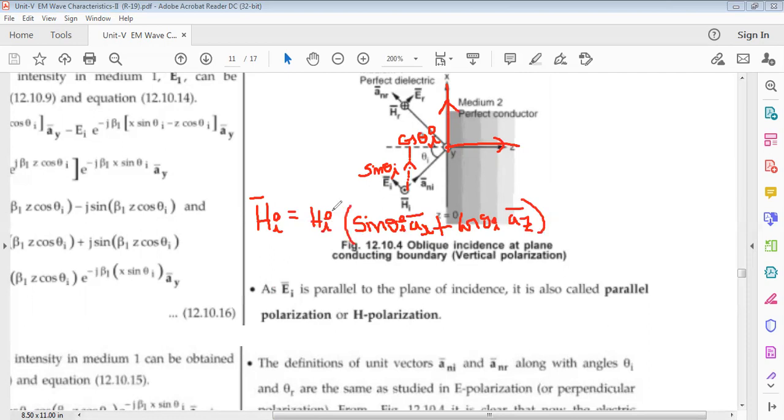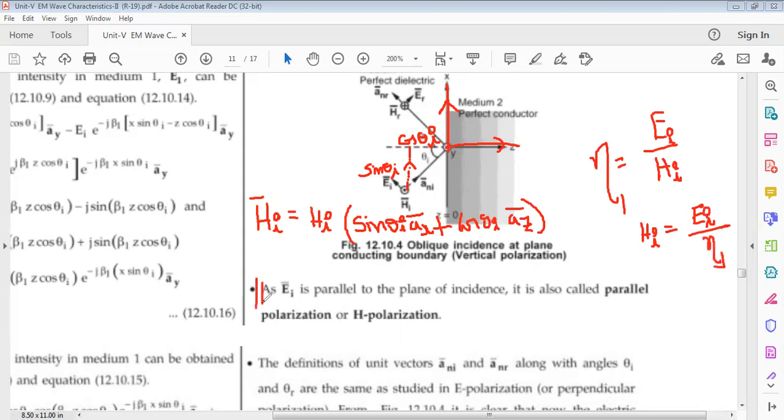Now we know eta is the ratio of electric to magnetic field, so I take Ei by Hi. As in medium 1, let us take the parameter eta 1. So Hi is equal to Ei by eta 1.